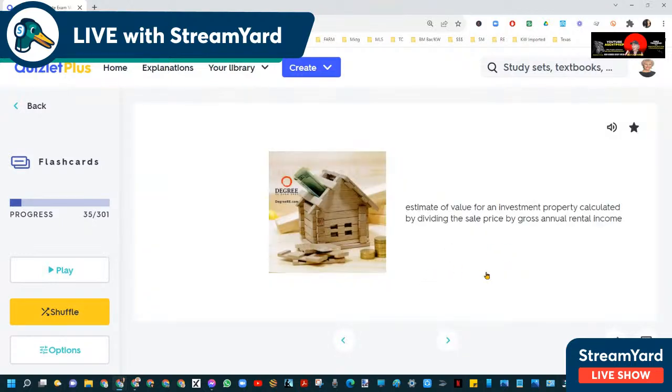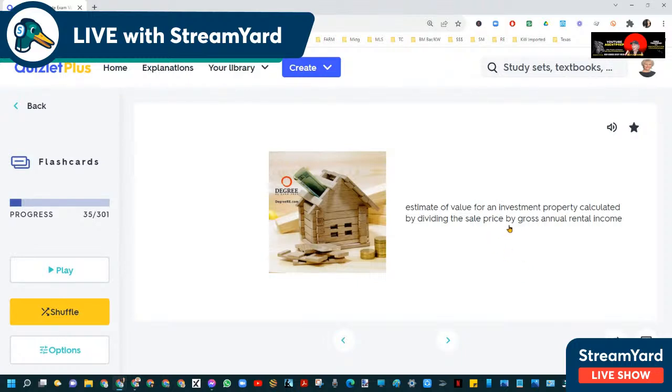All right, number 35. An estimate of value for an investment property calculated by dividing the sales price, which is above, by gross annual rental income. The gross annual rental income is at the bottom, right?